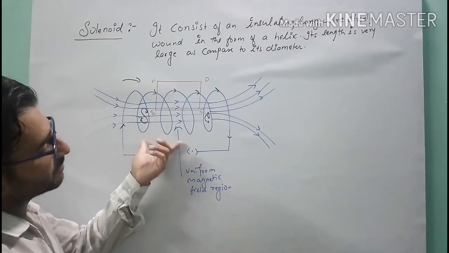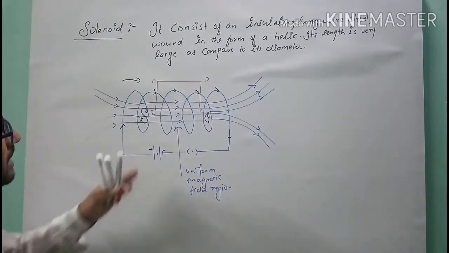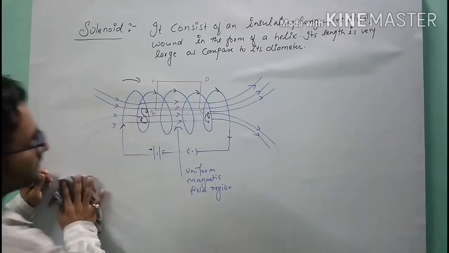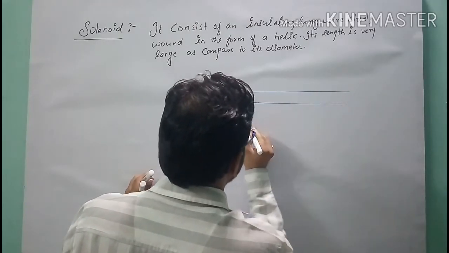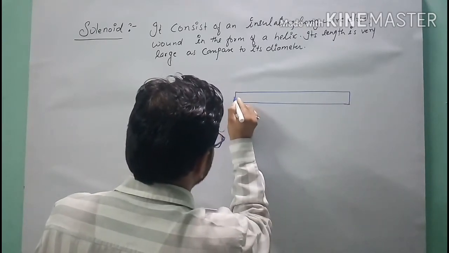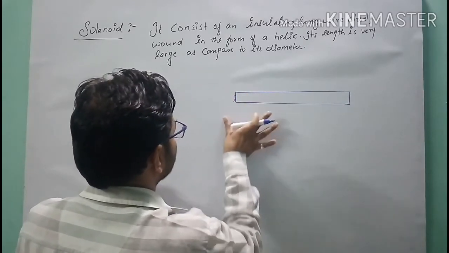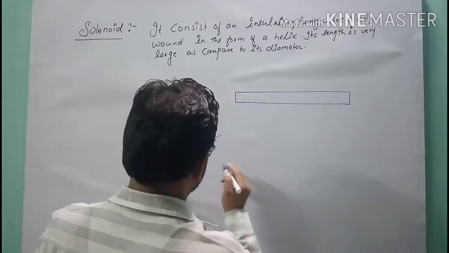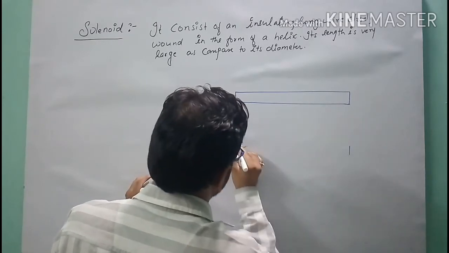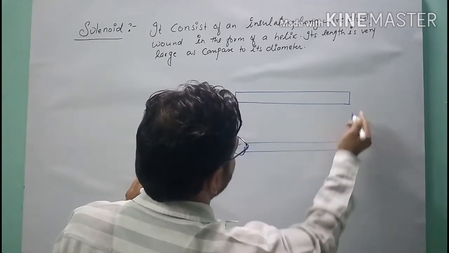This diagram I will replace with another diagram which is very simple to represent the magnetic field due to this solenoid. So see students, to simplify this diagram I can represent it by this form.